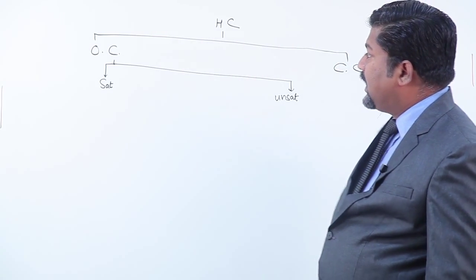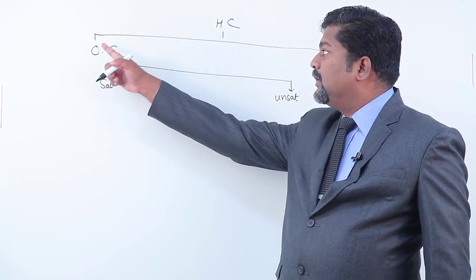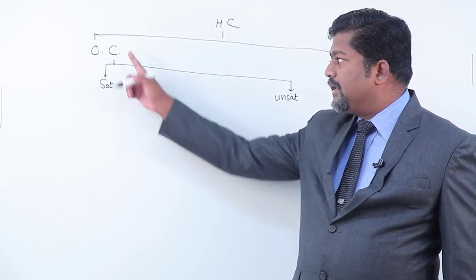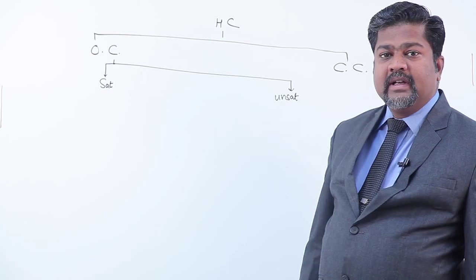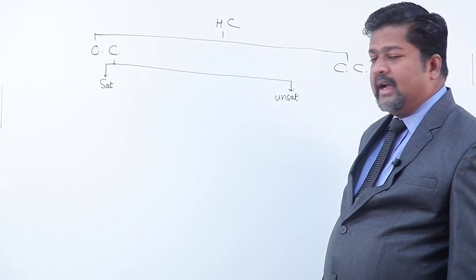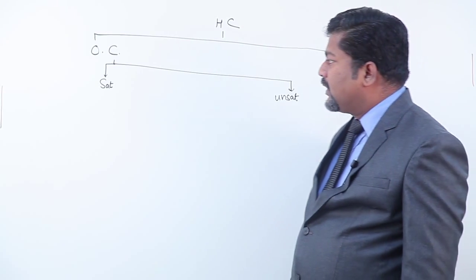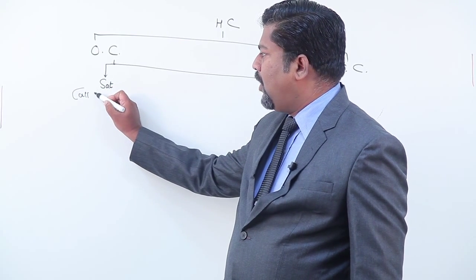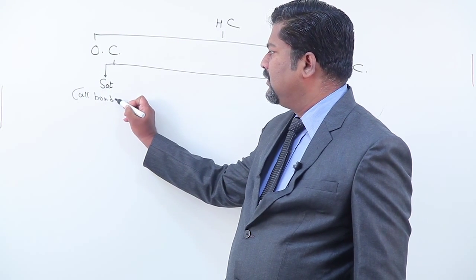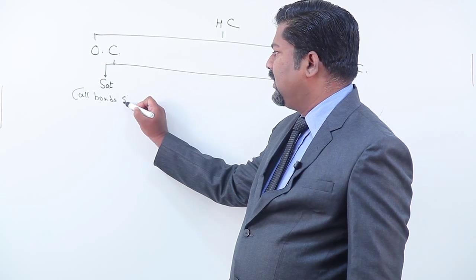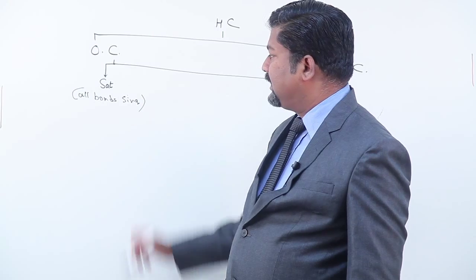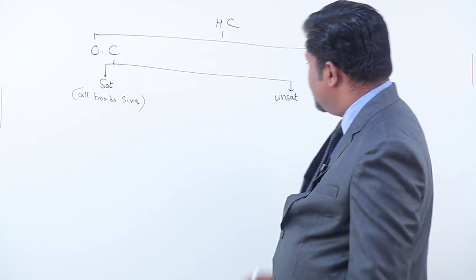So we have a clear-cut idea now that hydrocarbon is divided into open chain and closed chain. Out of that, open chain compound we are dividing into saturated compound and unsaturated compound. Now what is a saturated compound? That is where all bonds are single bonds. Then we are calling that a saturated compound.